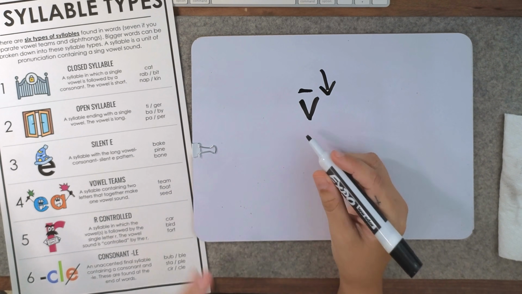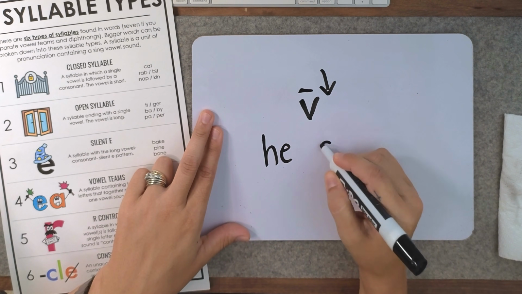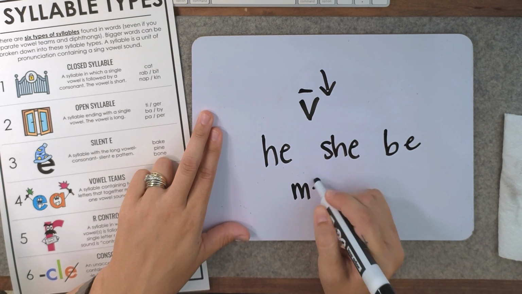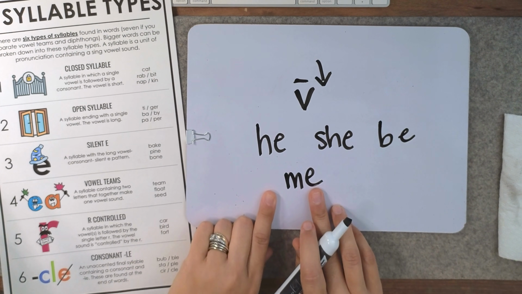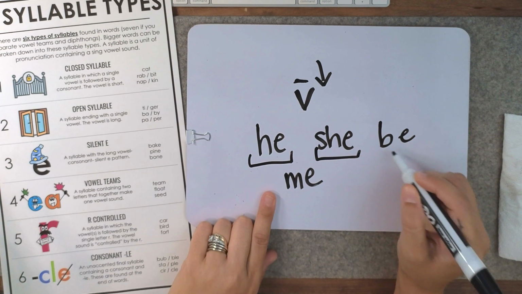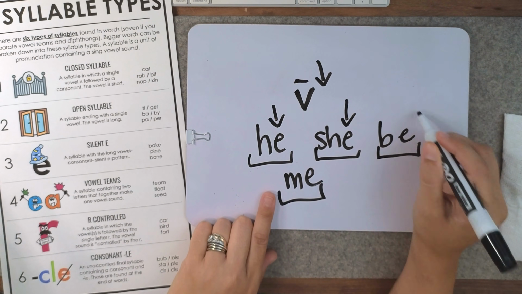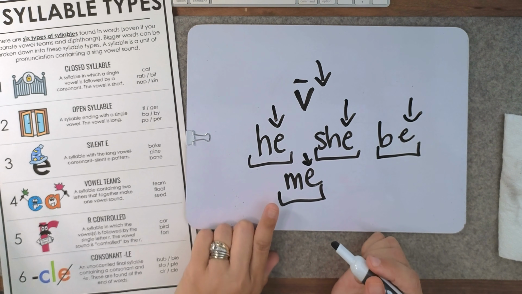So like words that we've often known as sight words, like he, she, be, me. The reason these all say the E sound at the end is because they're one syllable words. And if you look at the very end of that E, what do you see after it? Nothing. What makes it a long vowel sound.